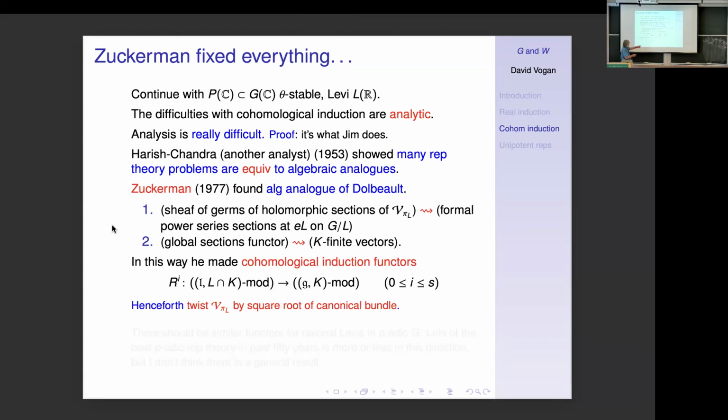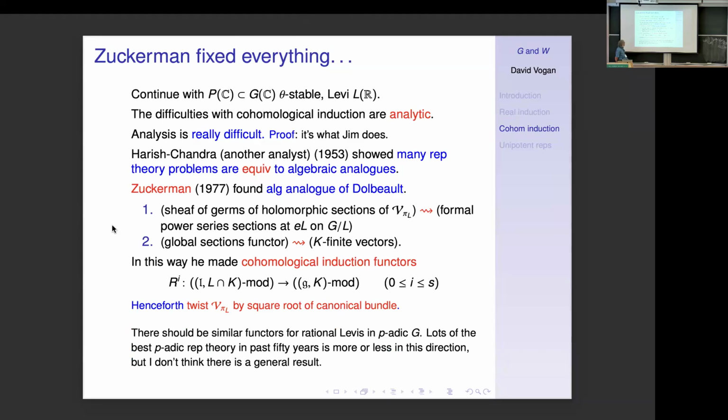Okay, yes. So now his functors really go to GK modules. And to say what's true about them, I'm always going to twist this holomorphic thing by a square root of a canonical bundle. This is like the rho shift in real parabolic induction. And it causes a little bit more trouble here, but I just want to ignore that.